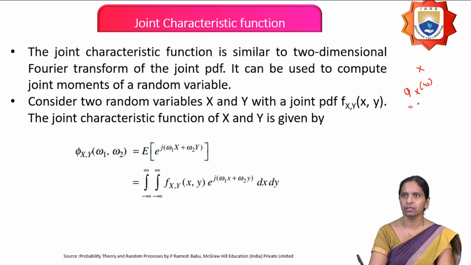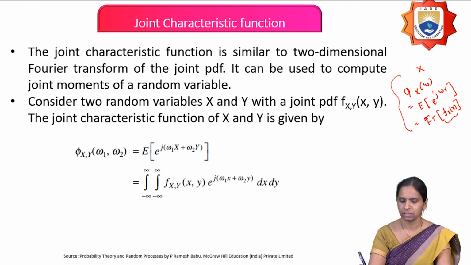It is nothing but the expectation of e power j omega x, or else it is called the Fourier transform of the density function of a random variable x, but in place of minus omega, you get plus omega.